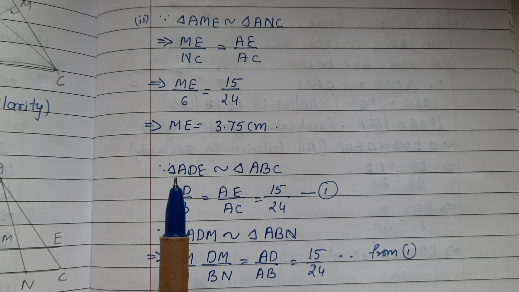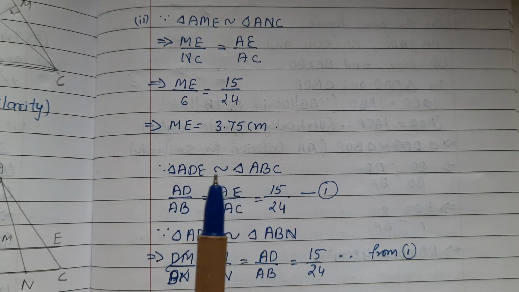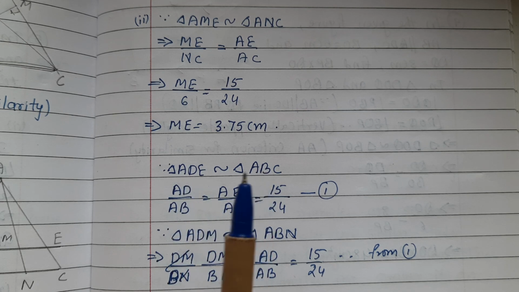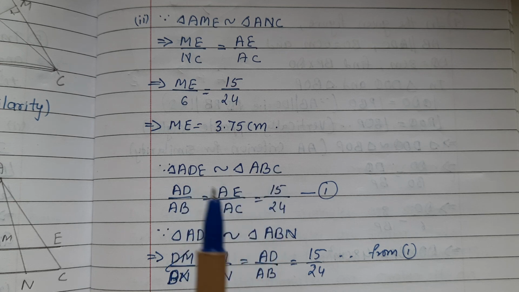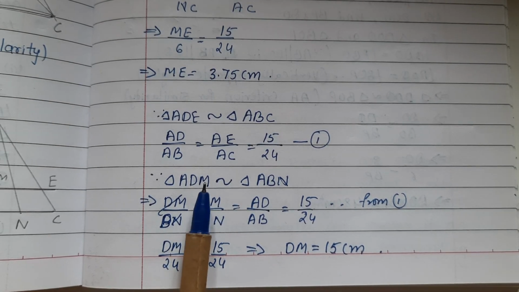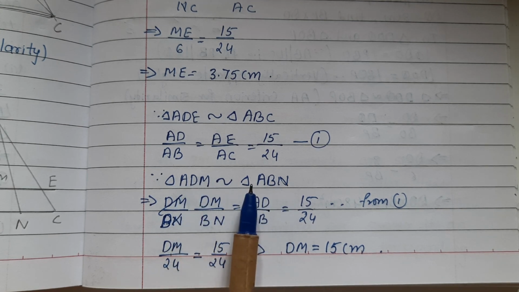In triangle ADE and triangle ABC, similar, sides are proportional. Therefore, AD upon AB is equal to AE upon AC, equal to 15 upon 24 from part 1. Since triangle ADM is similar to triangle ABN, DM upon BN is equal to AD upon AB.